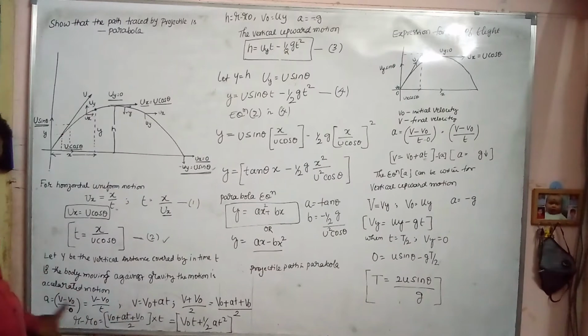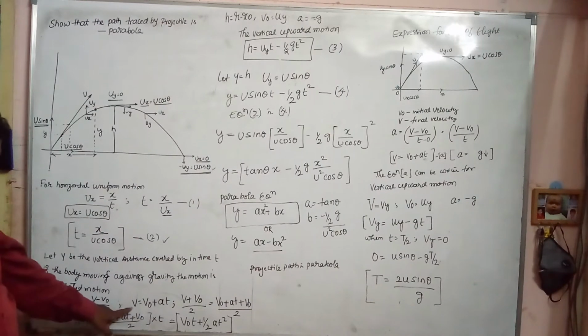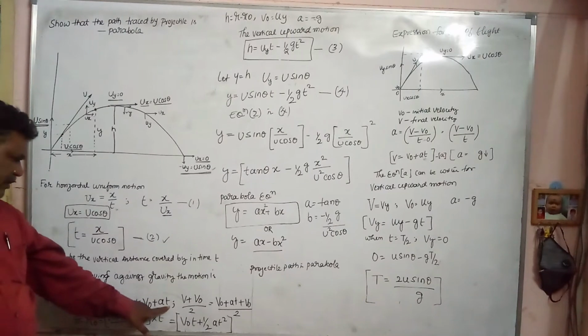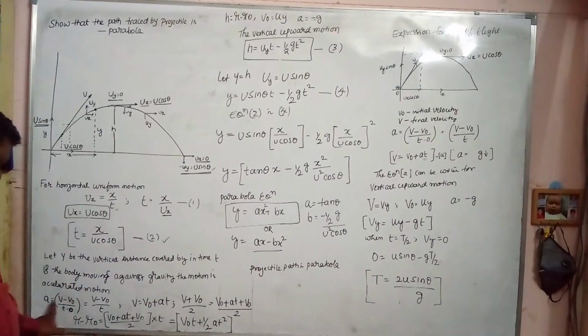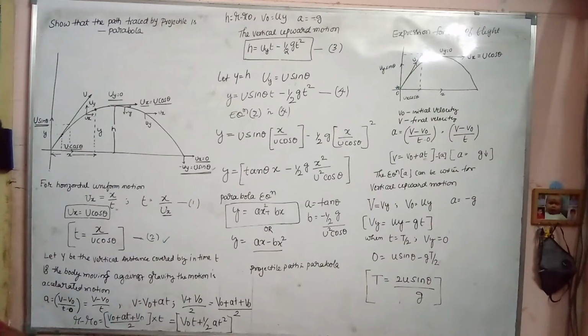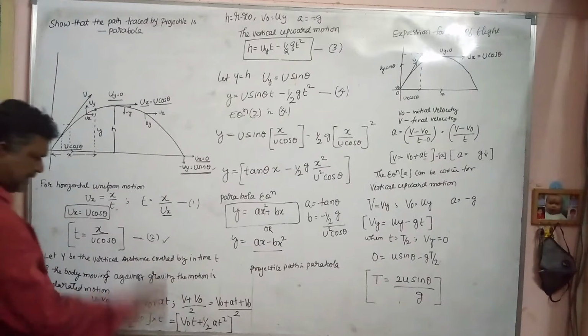Then you can take it as a cross multiplication: a is equal to v minus v naught by t, and v is equal to v naught plus a into t. This equation can be written in this form.